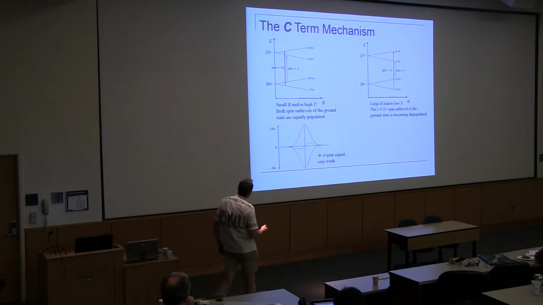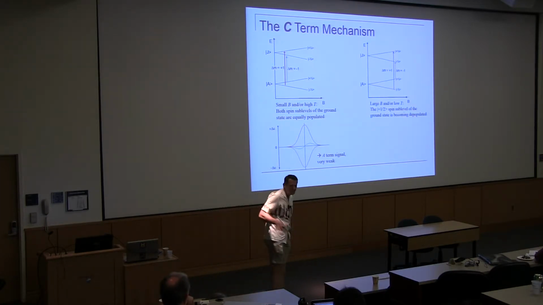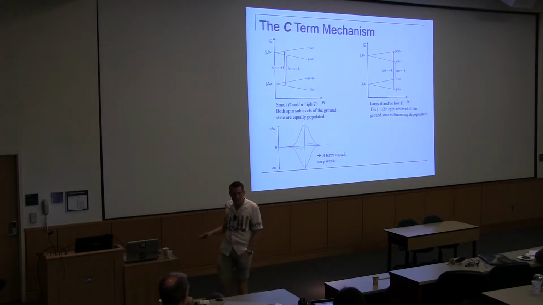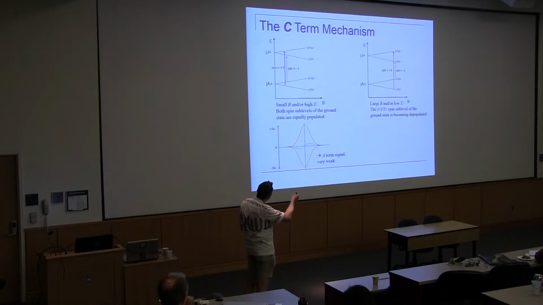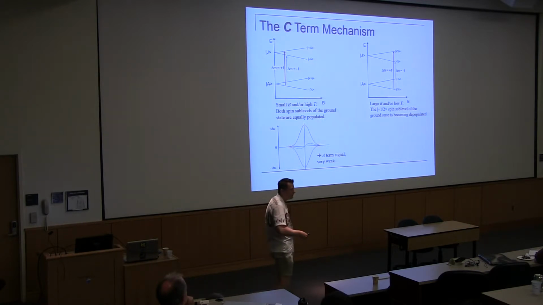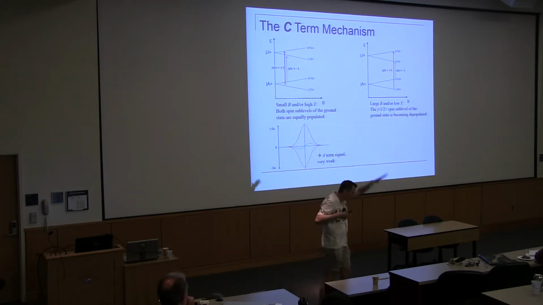But that's not really the interesting part. The interesting part now is we go to larger magnetic fields and lower temperature, and now what we get is a difference in population of the magnetic sublevels of the ground state. Although we have overall the same electric dipole matrix elements, the same extinction coefficient for the transition, we have more molecules now in the lower level compared to the higher level just by Boltzmann population. If we split them far enough and go to a low enough temperature, we will get a difference in population.